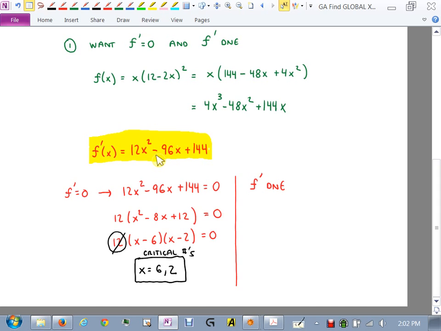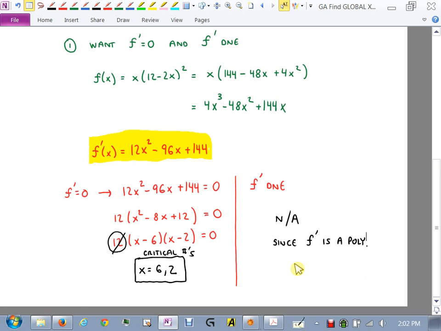No matter what I plug in, the derivative should exist. So therefore, I'll put NA, not applicable. Doesn't apply to this problem since f prime is a polynomial function.